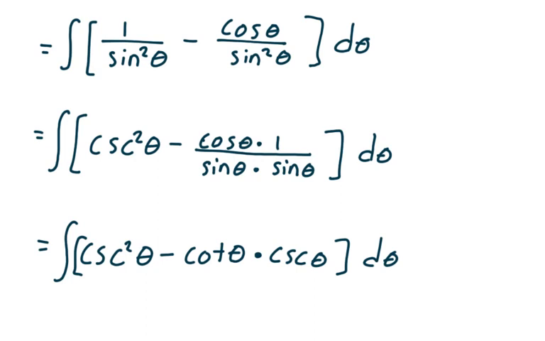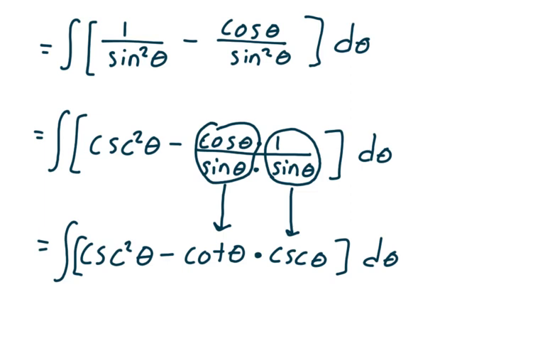And this is the integral of cosecant squared theta minus cosine theta times 1 divided by sine theta times sine theta d theta. I did that on purpose because I want you to realize that cosine theta over sine theta is cotangent theta. 1 over sine theta is cosecant theta.